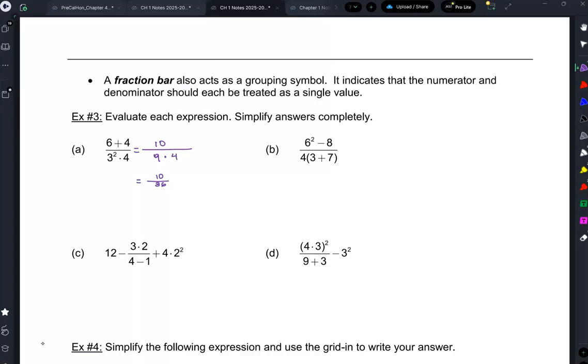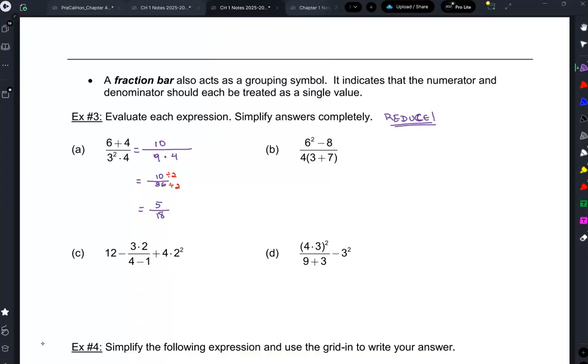Can I divide both of them by the same number? By 2. So I get 5 over 18. Okay? All right. So remember, for these, you must reduce your answers.